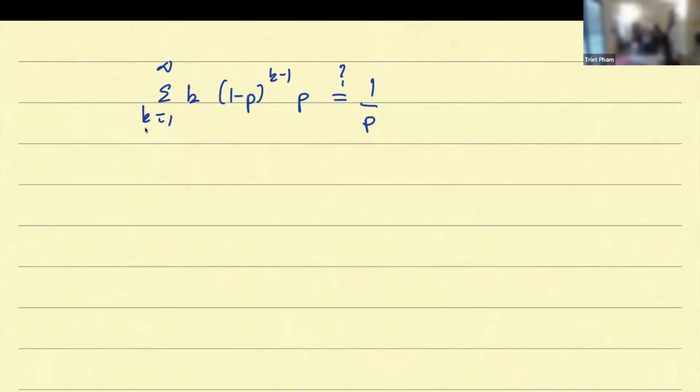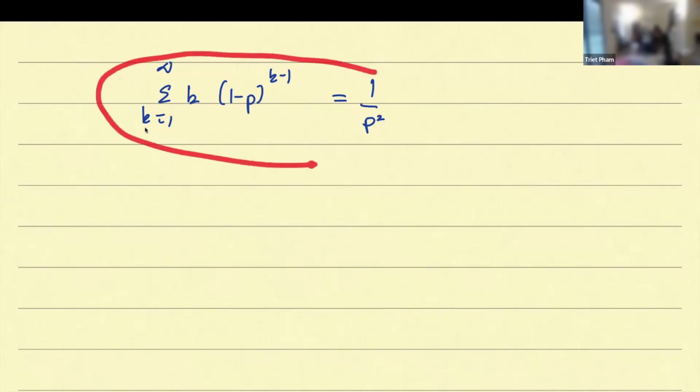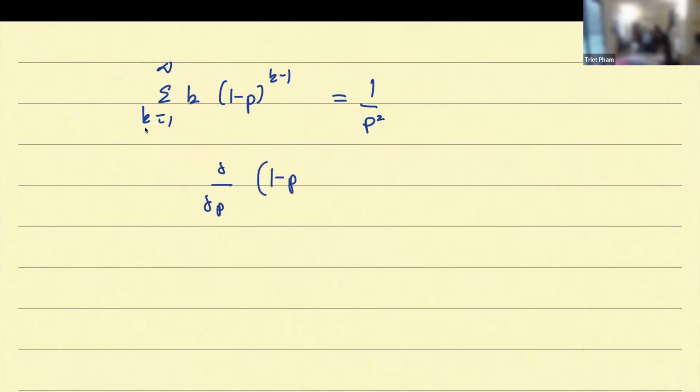All right. Actually, it's just a simple calculus trick. Well, maybe not simple. First of all, notice that because p is a constant, it's the same as showing this. Now the k and k minus 1 is a very appealing relationship: it's the relationship of the derivative with respect to p of (1 minus p) to the k.